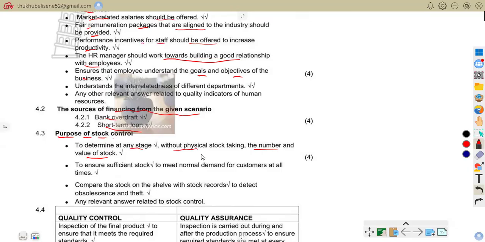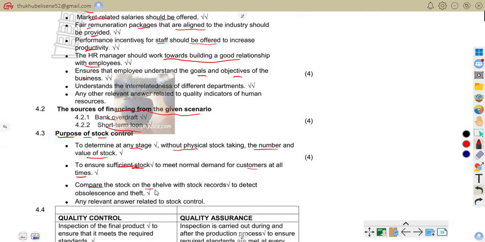Also, the purpose of stock control is to ensure sufficient stock to meet normal demand for customers at all times. So this is to ensure sufficient stock to meet the demand in short. So this will prevent stock shortages. Let us move on.